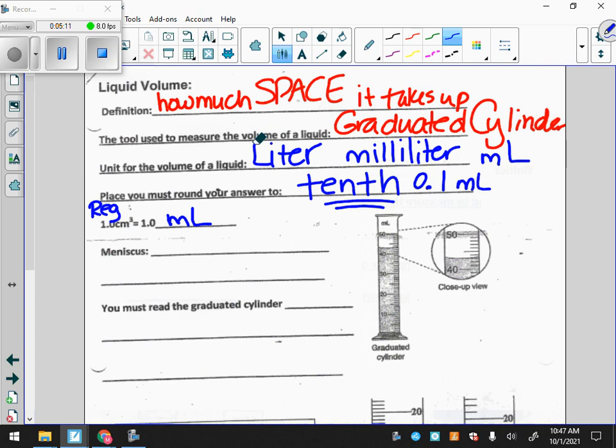You get out of the shower, you still have water on you, not automatically dry. Water sticks to you. So water's going to stick to the side of the graduated cylinder, and it's not going to be level. So it makes this little smile called the meniscus. No, it's really called a meniscus. The meniscus is the curve that the water makes as it adheres to the sides.